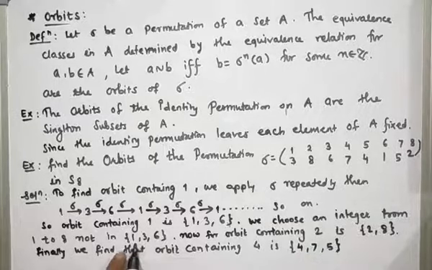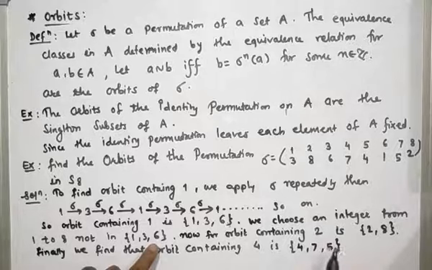So here we have 1 2 3 4 5 6 7 8, all elements are there in the orbits, right? So we get the complete list of orbits.